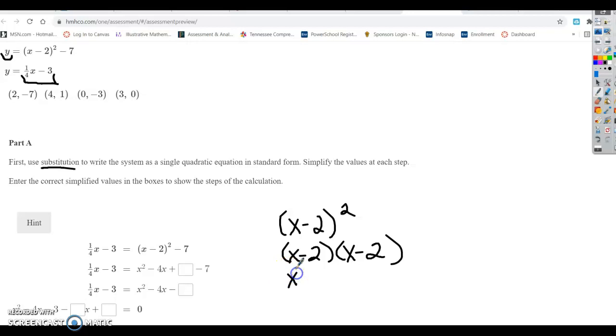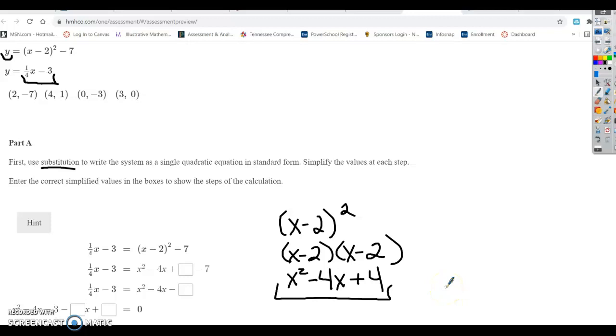You've got x times x is x squared, minus 2x minus 2x is minus 4x, and then -2 times -2 is plus 4. This is a big topic on the ACT. It's always the first term squared, twice AB, and the last term squared. This is A, this is B, -2x times 2 is -4x. If you learn those formulas, that makes it easier on the ACT.